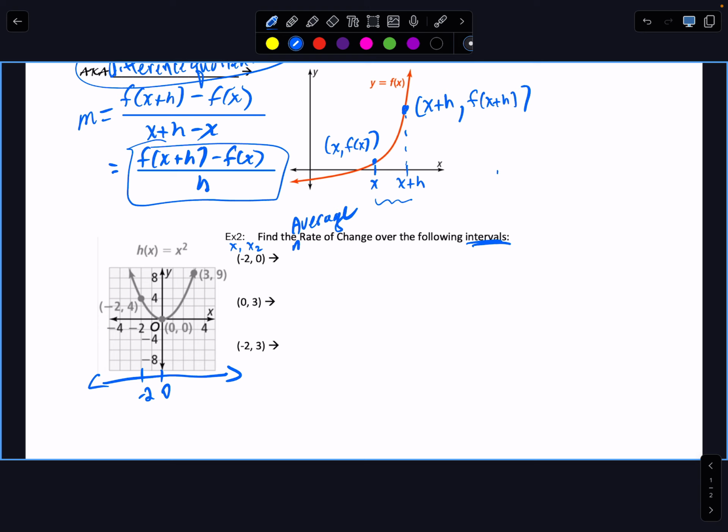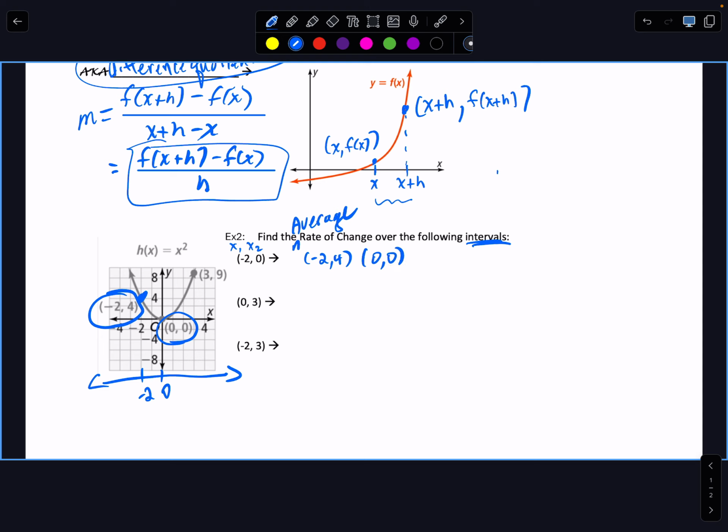Average rate of change is simply slope. What does Mrs. Remington want? 2 ordered pairs. My first ordered pair starts with x being -2. And the y value when x is -2 is 4. So I want you to write those ordered pairs down that you're using for slope. So for the x sub 2, the x is 0, and when x is 0, the y value is 0.